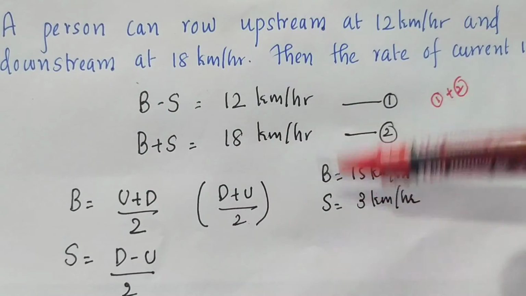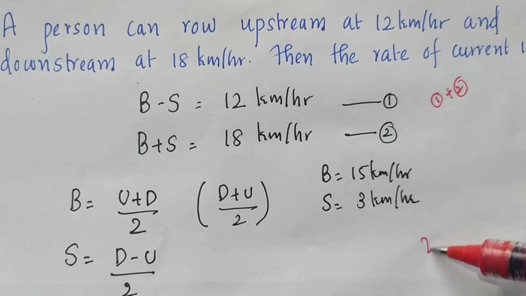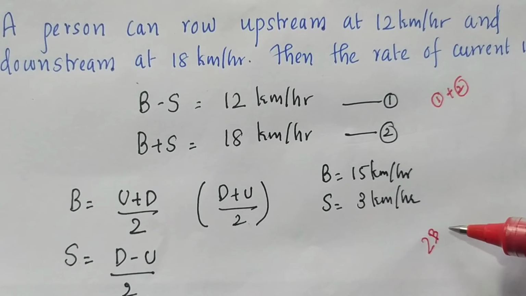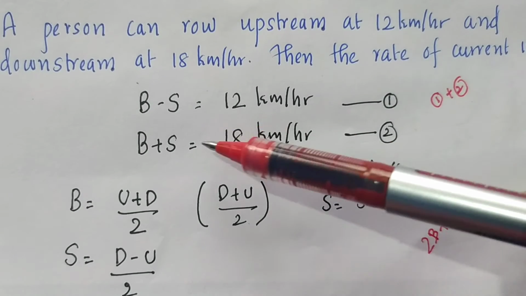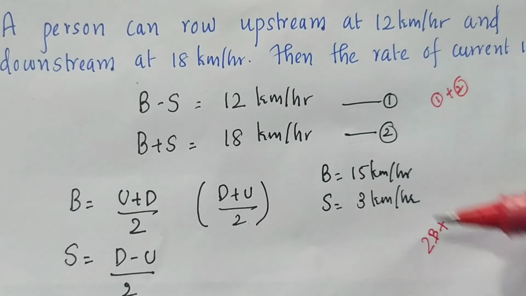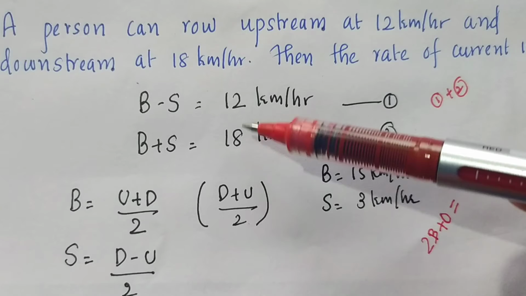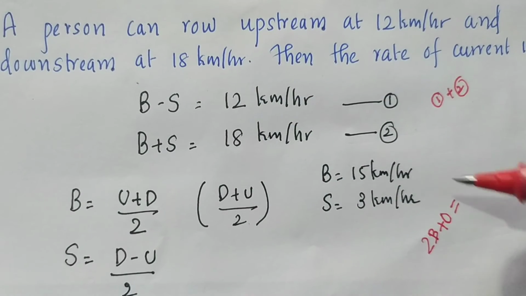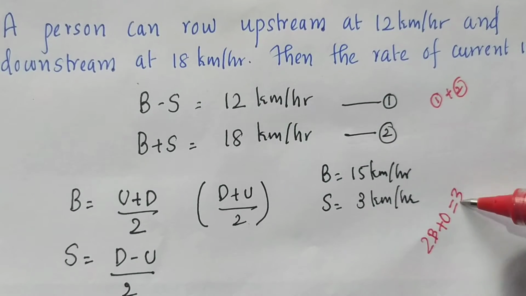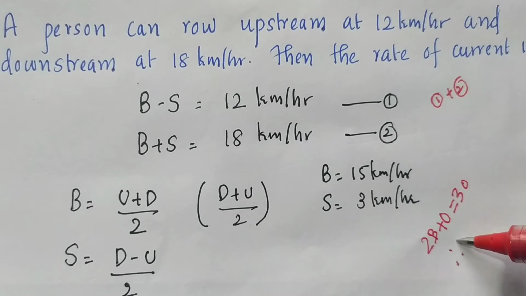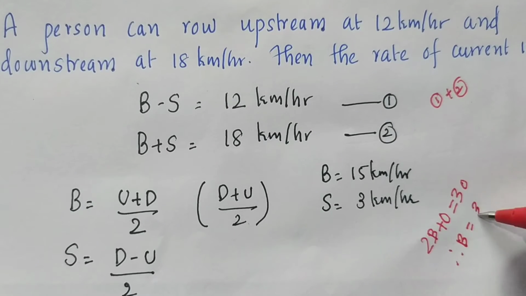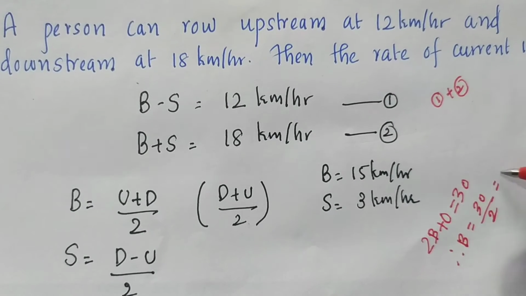B plus B is 2B, plus S minus S is 0, which is equal to RHS 18 plus 12, that is 30. So what will be B? B is equal to 30 by 2, which is equal to 15 km per hour.